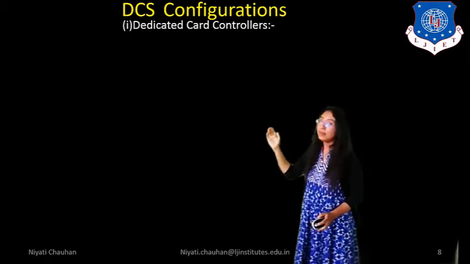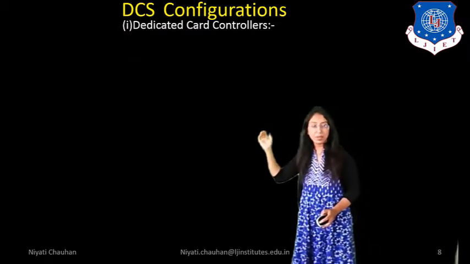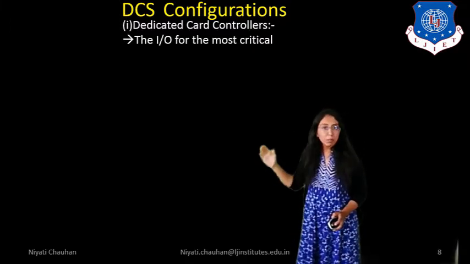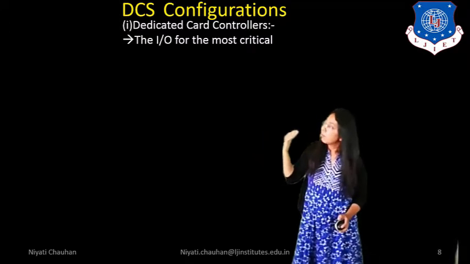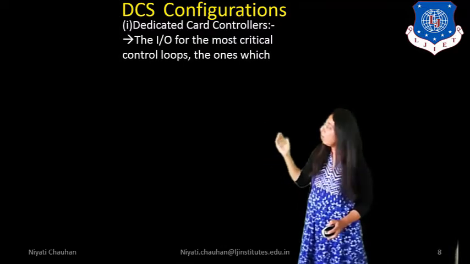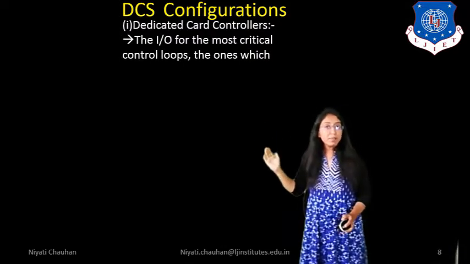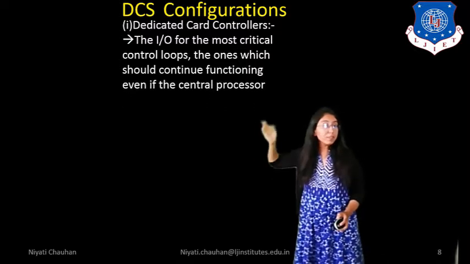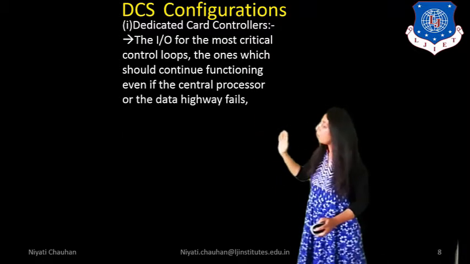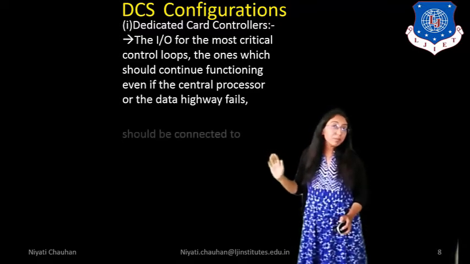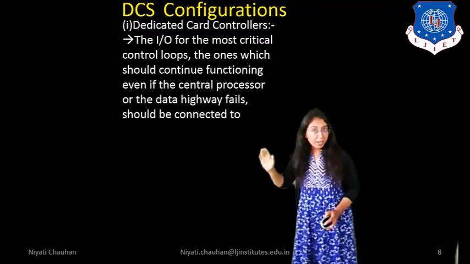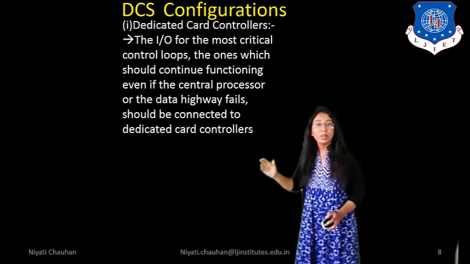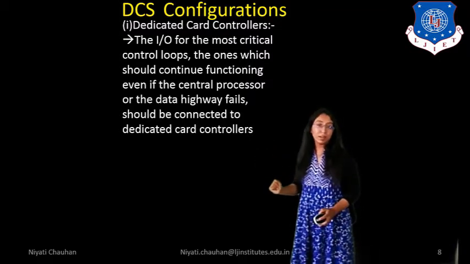Number 1, dedicated card controllers. In the dedicated card controller, the input output for the most critical control loops, the ones which should continue functioning even if the central processor or the data highway fail, should be connected to the dedicated card controllers.